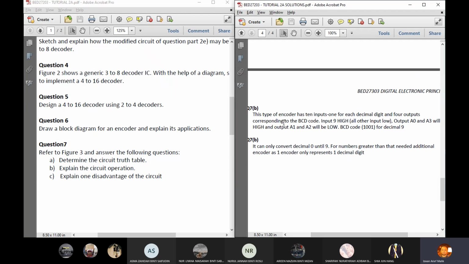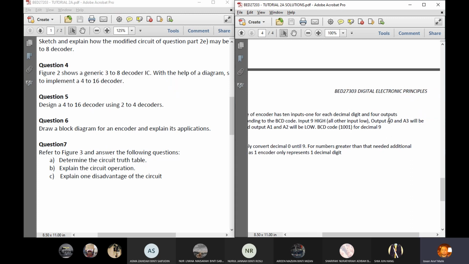So this type of encoder has 10 inputs with 1 for each decimal digit and 4 outputs corresponding to the BCD code. Okay, so one input for each whole number and the output has 4 in the form of BCD. Example, input 9 high, all other inputs low.